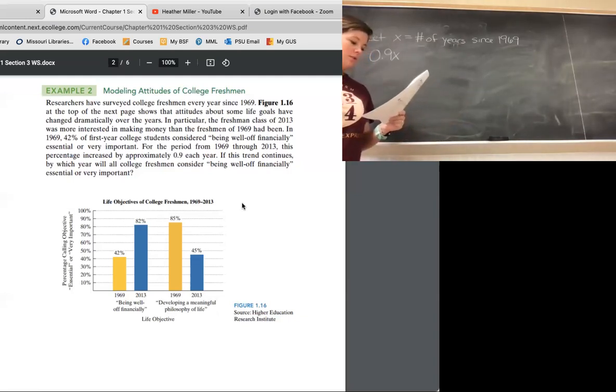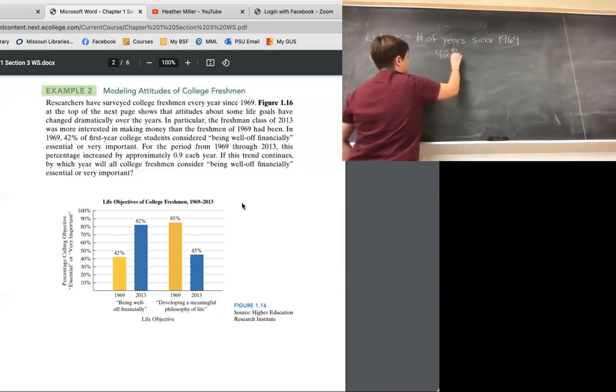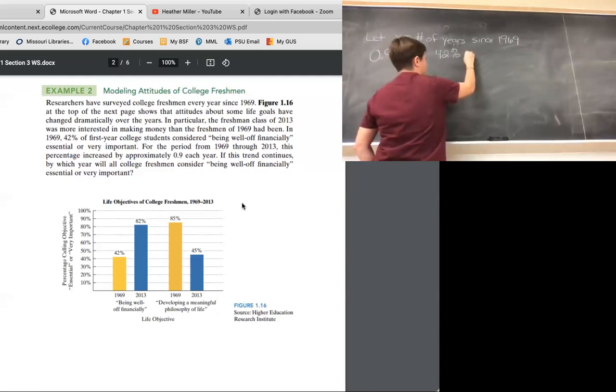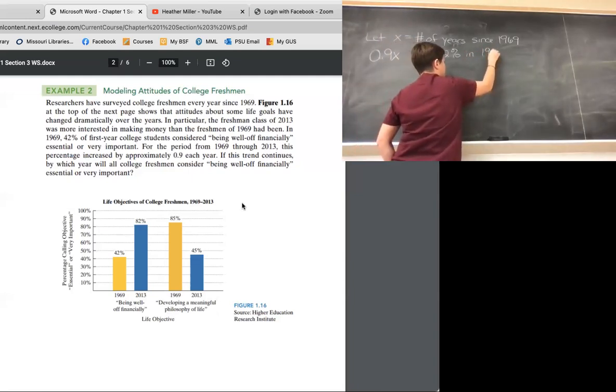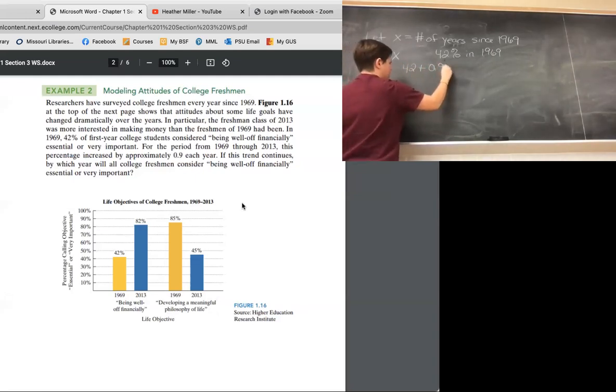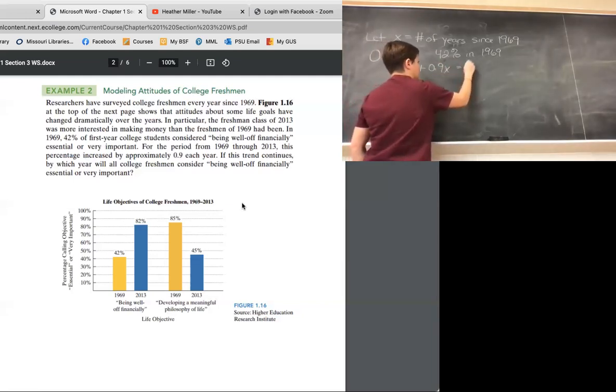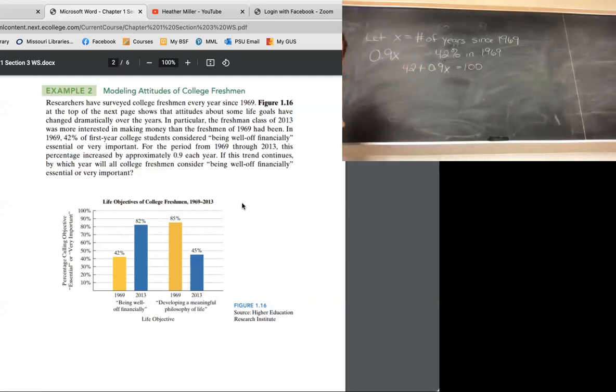Well, it was 42. We had 42% in 1969. We're going to add 0.9 times every single year, and then we want to get to 100%. So we have 42. We're going to increase by 0.9 times the number of years, but we don't know what the number of years are until we get to 100%, because that is our goal.